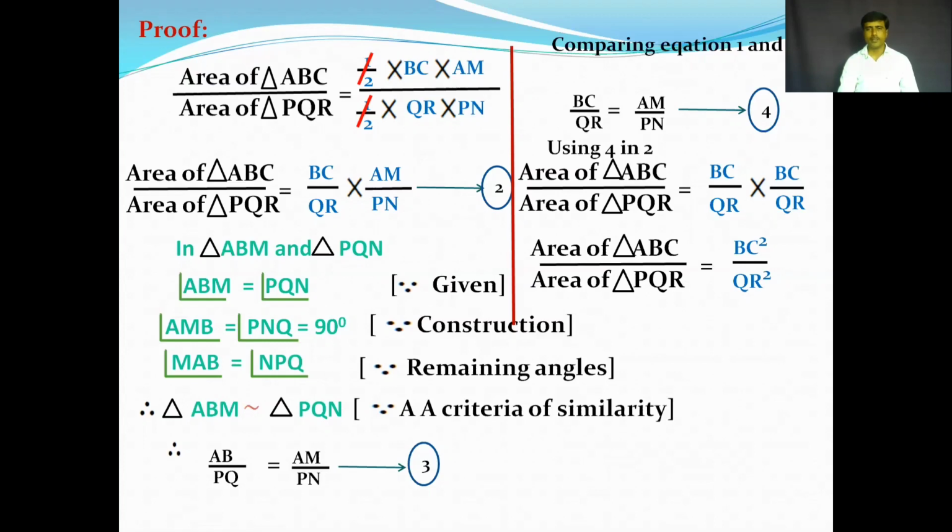I hope that you have understood the proof of this theorem. The statement of the theorem says the areas of two similar triangles are proportional to the square of the corresponding sides. We can extend this statement: the areas of similar triangles are not just in proportion with the square of the corresponding sides, they are also in proportion with the square of the perimeters of the triangles, and also with the square of their altitudes.